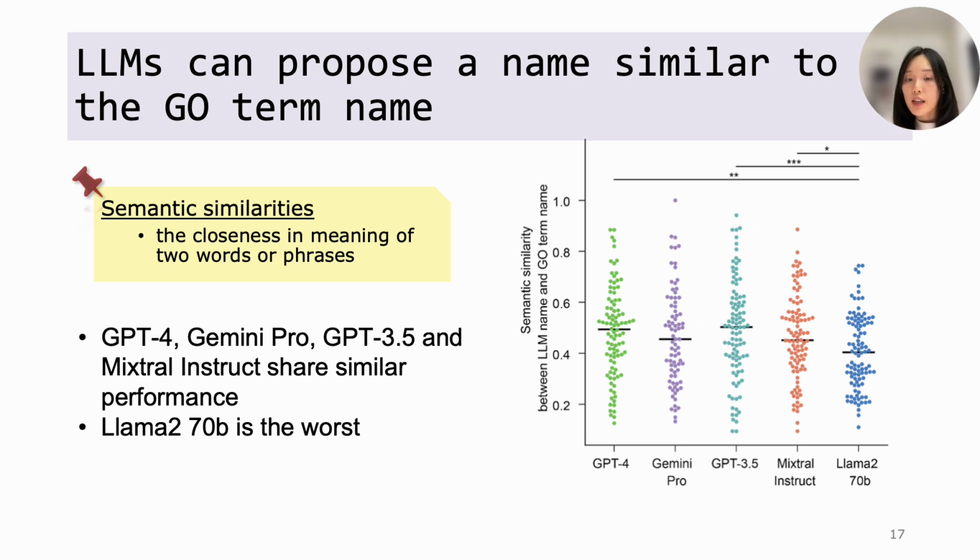What we found is that most of the models can return names highly similar to the GO term name, whereas Llama 2 70B performed the worst. It has the lowest average semantic similarity. And in today's challenge, we'll have a hands-on experience on how to measure the semantic similarity and evaluate the panel of LLMs yourself.